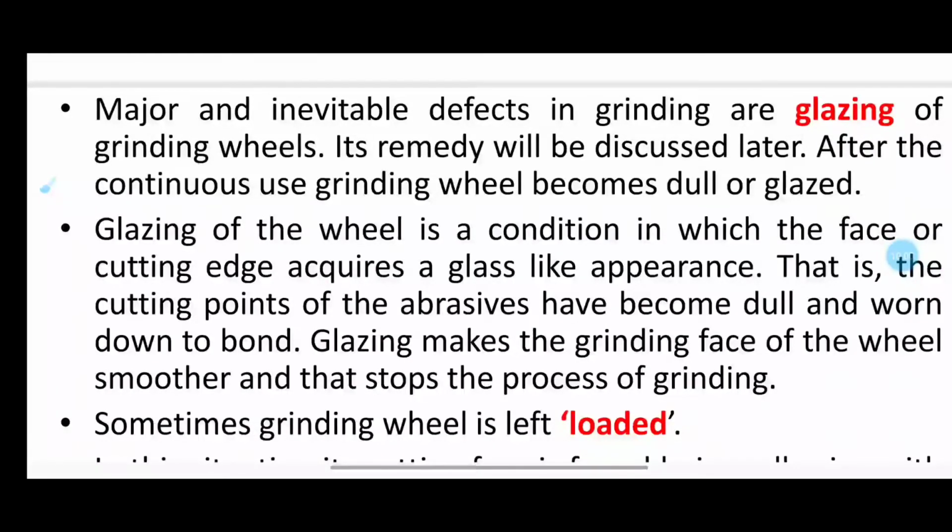Glazing of the wheel is a condition in which the face or cutting edge acquires a glass-like appearance. That is, the cutting points of the abrasives have become dull and worn down to the bond. Glazing makes the grinding face of the wheel smoother, and that stops the process of grinding.